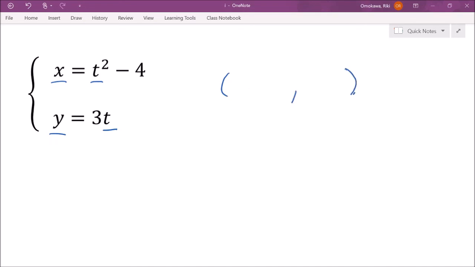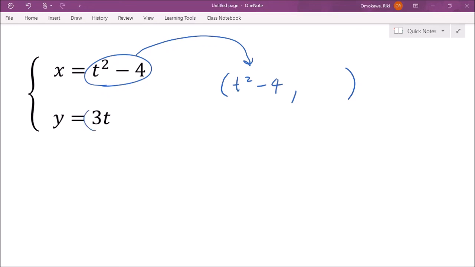parentheses, something, comma, something. So it turns out in Desmos, they take this sort of coordinate point approach where this function is the function that gives the x value, right? So we type it in here on the left side: parentheses, t squared minus 4, comma, and then this expression gives us the y value of each point.